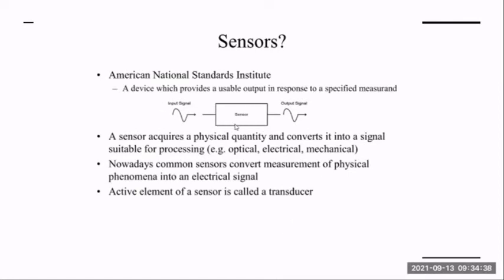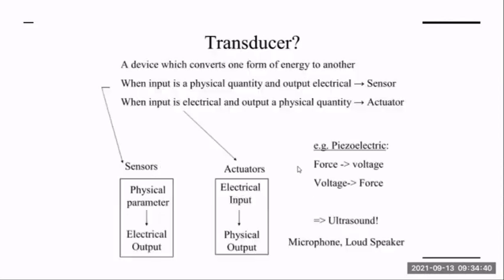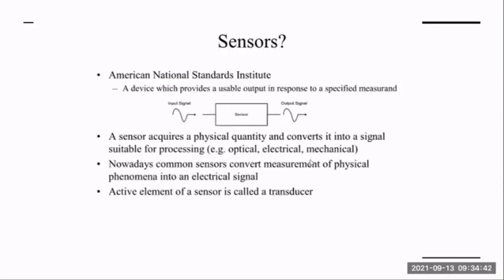Going back to the definition of our sensor, a device which provides a usable output in response to a specified measurand. A good example there is the capacitive touchscreen of our smartphones. The input signal is our touch.